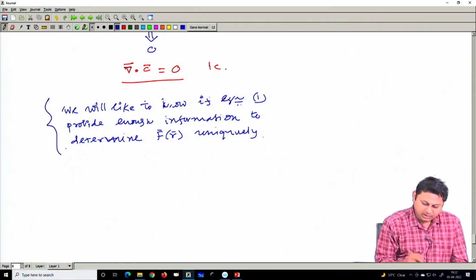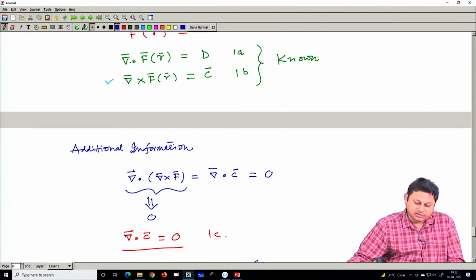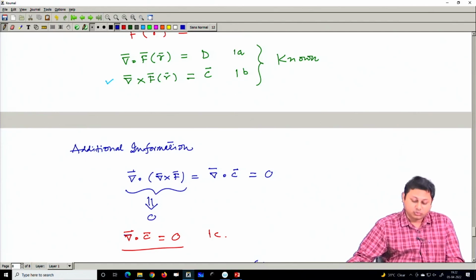So, the point is the divergence and curl of this function are known.